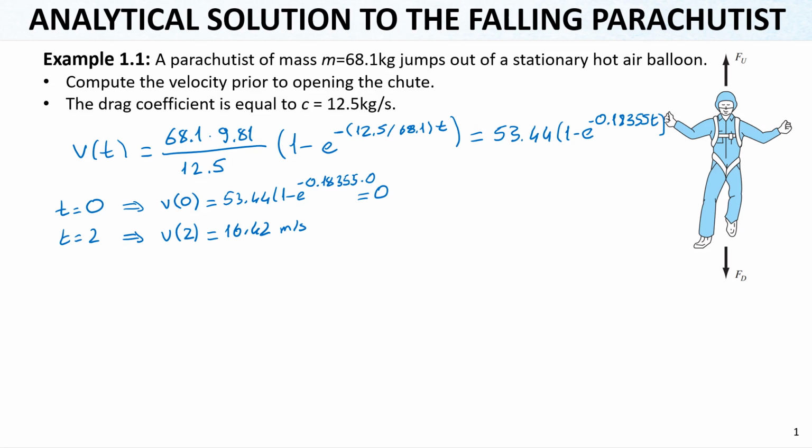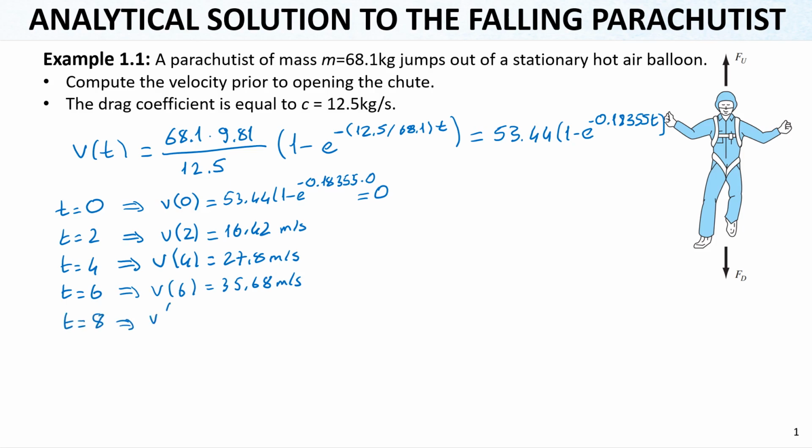Here's 0, 2, and 4. v4 is 27.8 meters per second. If t is 6, v6 is 35.68 meters per second. If t is 8, v8 is 41.14.